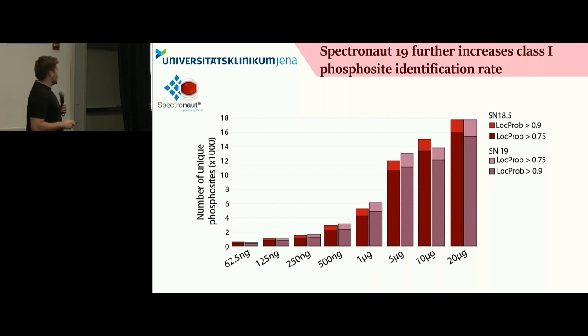And I also have to note that when we go lower with the starting protein material, we advocate using a slightly higher localization probability threshold of at least 0.9, so at least 90%, to be very sure that these are the phosphopeptides that you are identifying, and that they are on this exact spot.